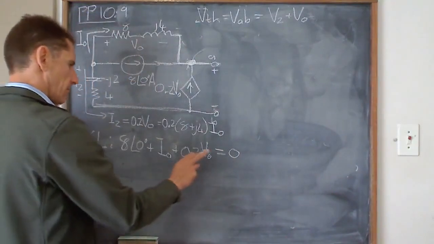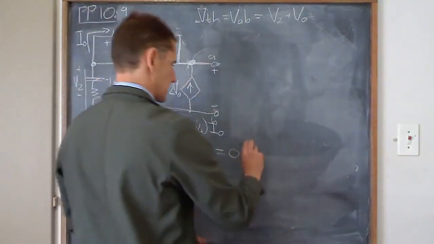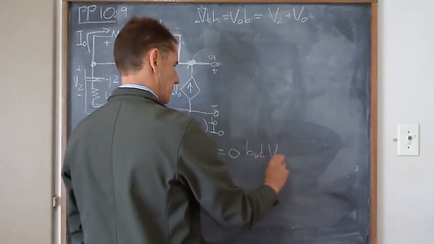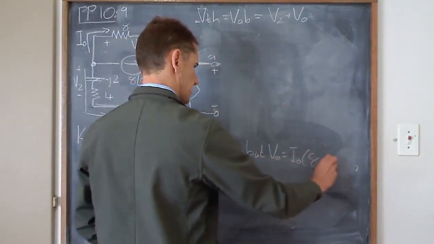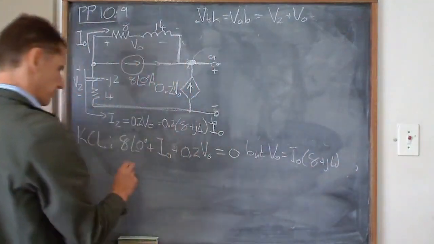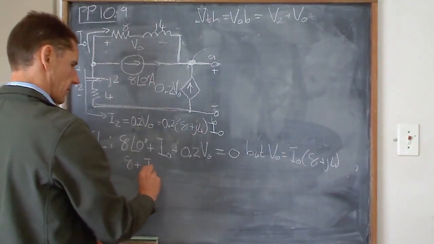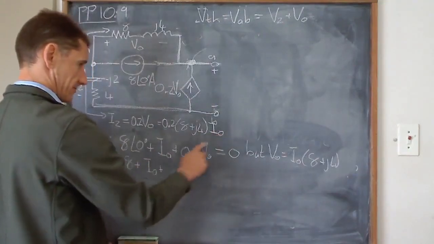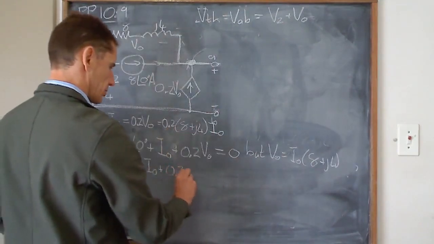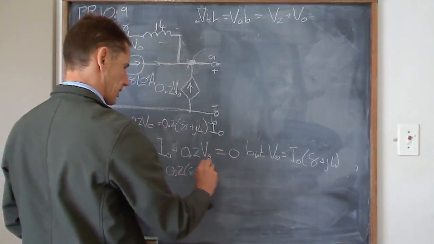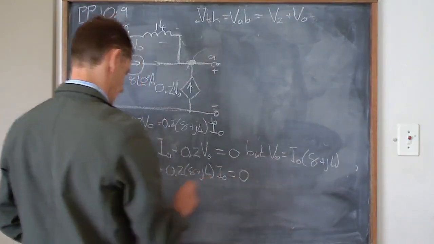But I know what V out is. V out I can write in terms of I out. So V out equals I out times that 8 plus J4. So we've got 8 plus I out plus the 0.2, 8 plus J4, I out must equal 0.